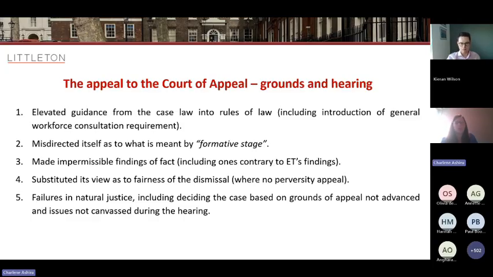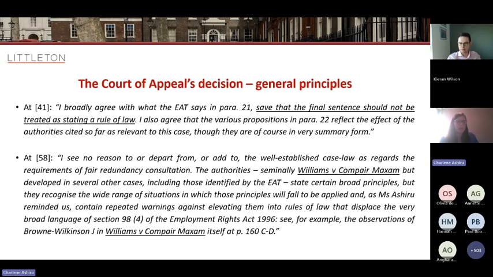And I was met with some surprise when I said that the scoring could simply be torn up and redone if consultation had led to comments or changes to the selection criteria. Nevertheless, the Court of Appeal ultimately agreed with us, and that is an appropriate point to hand over to Kieran to explain what the Court of Appeal's decision was and the practical tips arising from it.